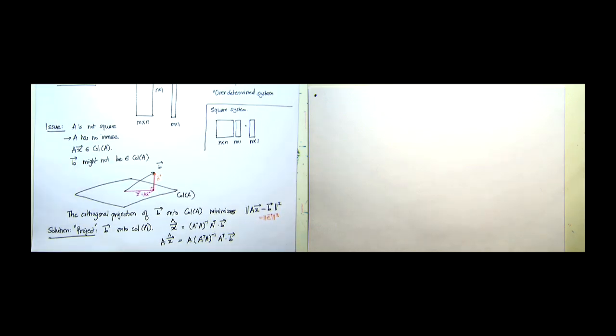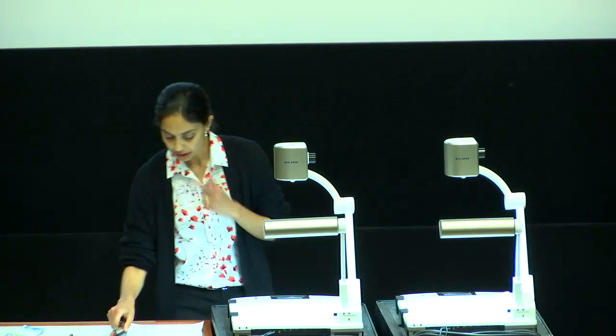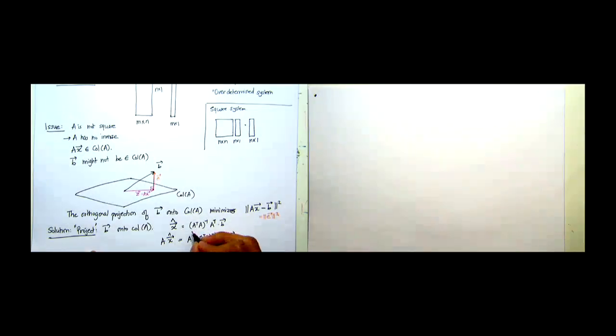So last time after class I got a question that I think was very good, which said that, well, when you look at this A transpose A inverse A transpose B, can't we cancel something? Because they're all super similar. But we can't, unfortunately, because what are the dimensions of this thing, right? A transpose A, what is the dimension of A transpose A?